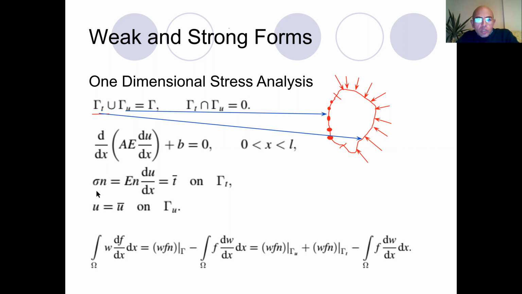Now let's look at the boundary conditions. The traction force, which is defined by the sigma multiplied by the n. N is the outward normal here.